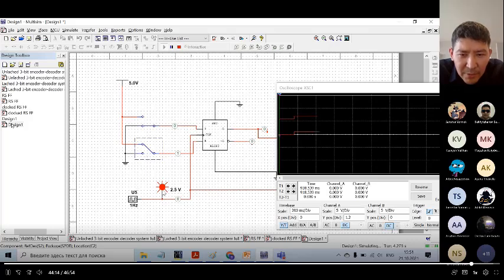Now it will not change because it will change on the rising edge, from low to high. So let's wait. So now our oscilloscope trace should go down. So you can see that it goes down. Then this purple light should go down. Our output should go down.